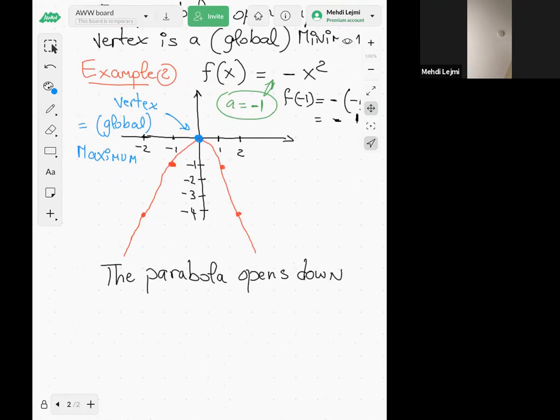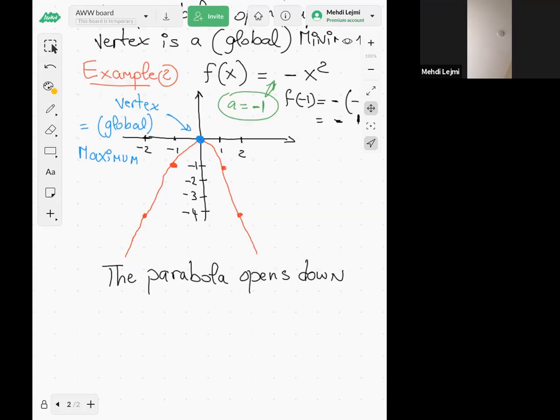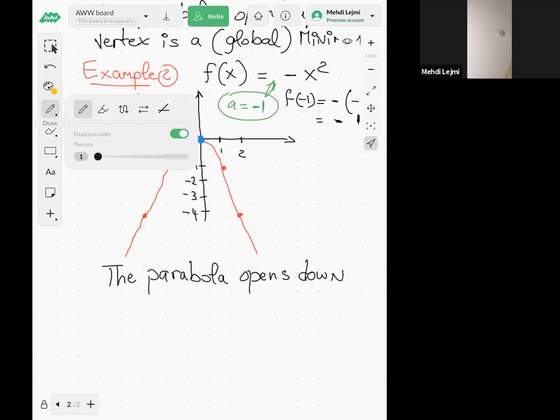So these are general facts about the graphs of quadratic functions, right? And of course, here you still have the axis of symmetry. Again, your graph would be symmetric about the y-axis.